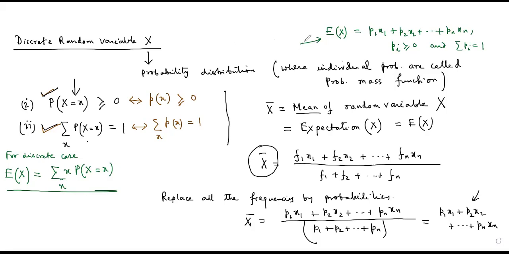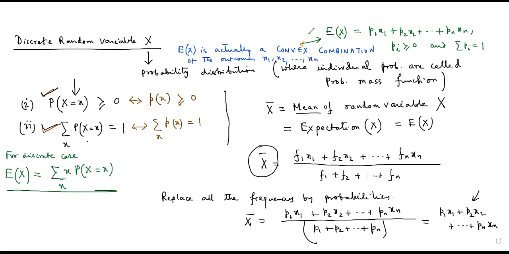We can say that this EX is a convex combination of the outcomes x1, x2, dot dot dot xn. It's a kind of convex combination.